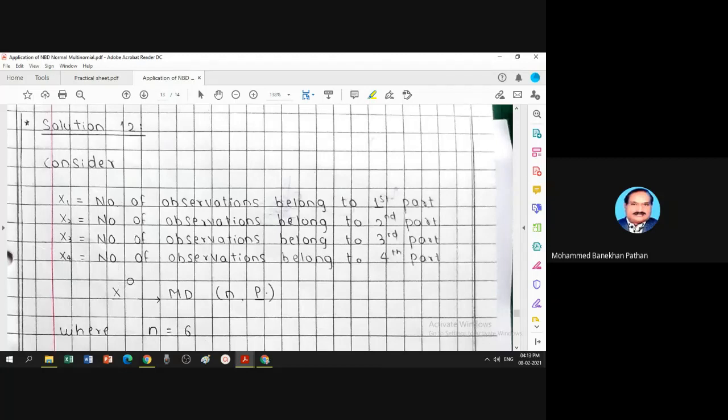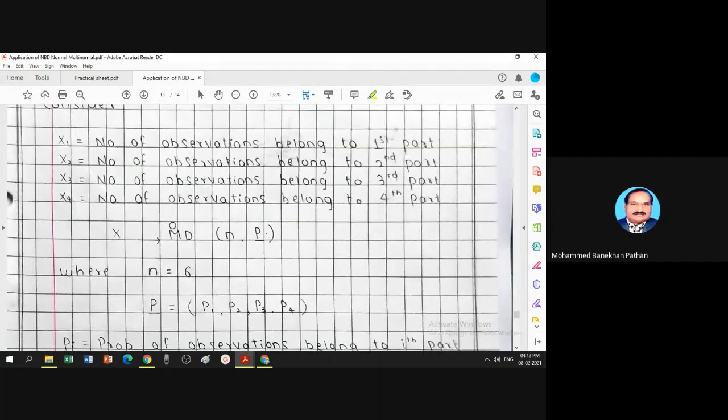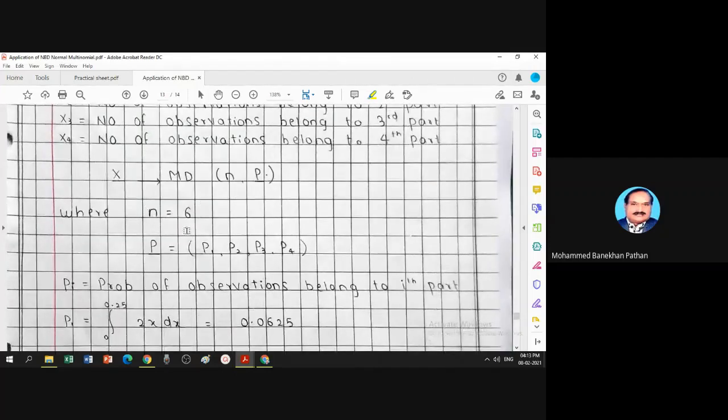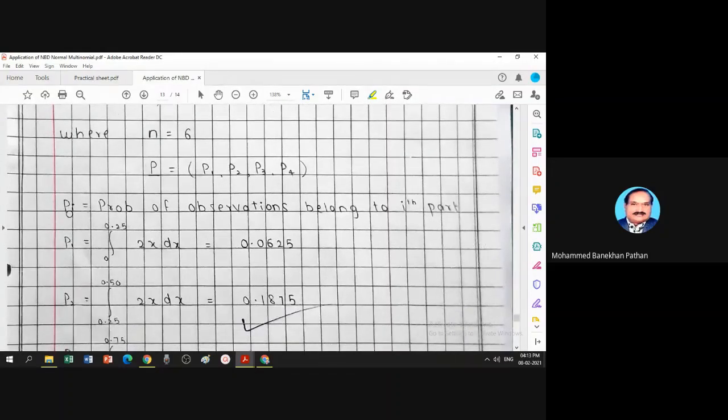X vector follows multinomial distribution with n comma p vector. N equal to 6 because I am making 6 observations from the given PDF. P vector is the probabilities P1, P2, P3, P4. How to get these probabilities? Pi is the chance that observations belong to the ith part.